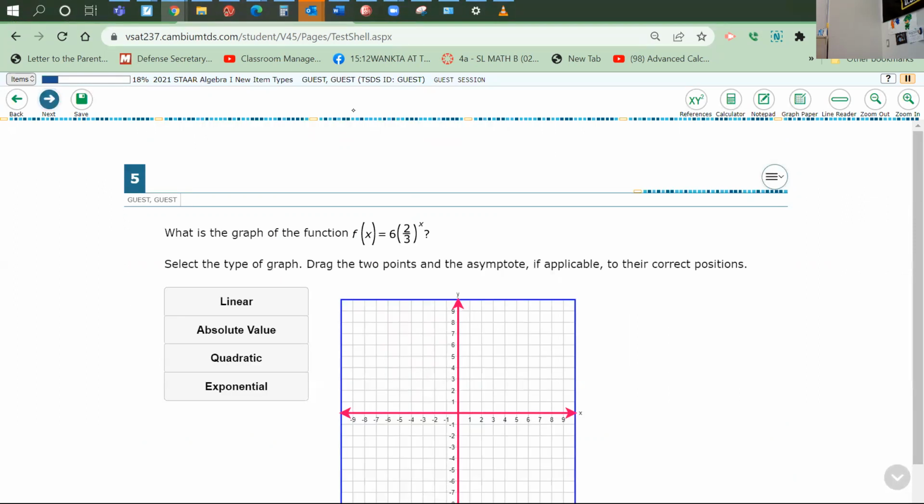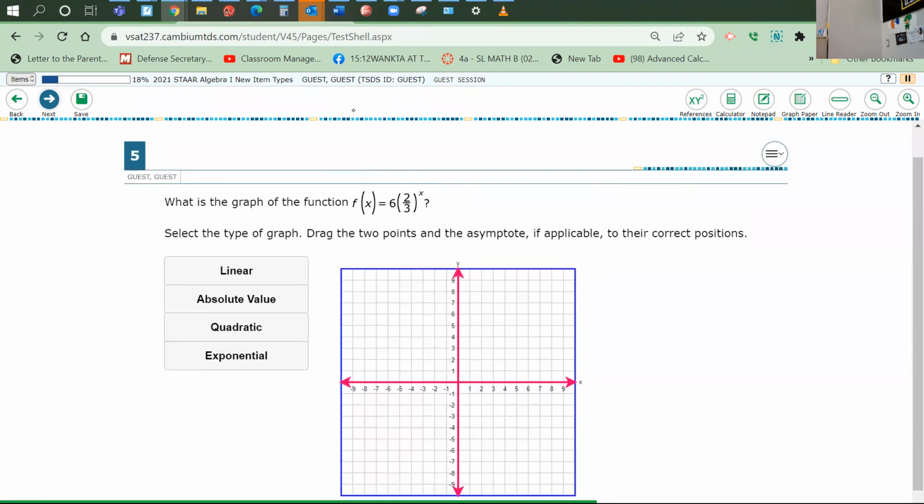Okay, now this one, again, it's going to test your knowledge. Before I move on, guys, when I ask you what kind of function this is, some of you struggle on it. You're telling me it's linear, it's quadratic. You have to know what these functions look like. And if you're still stuck, go back to the reference chart.